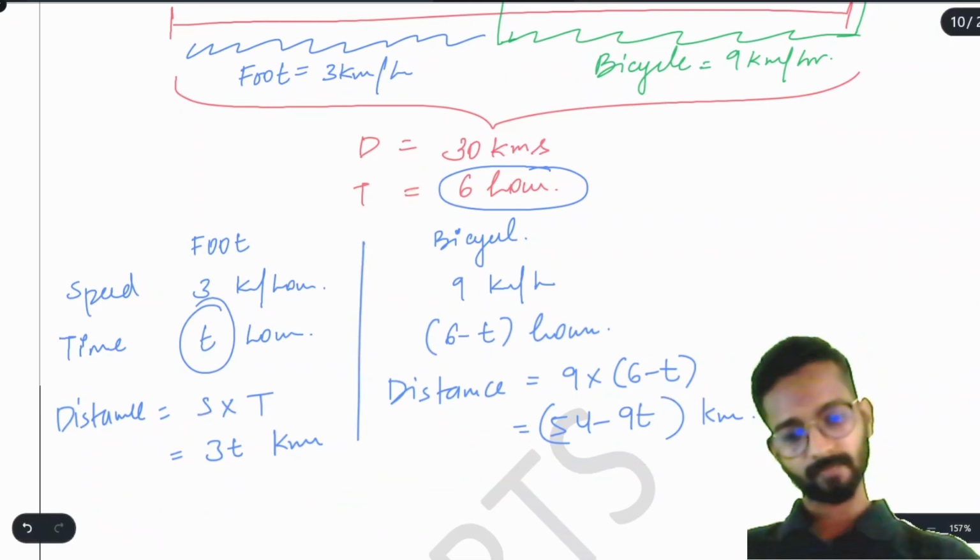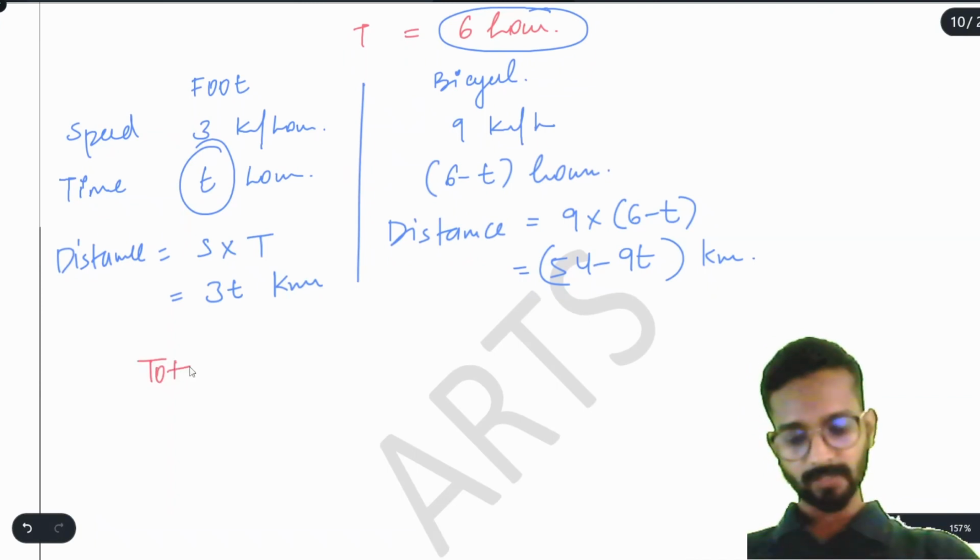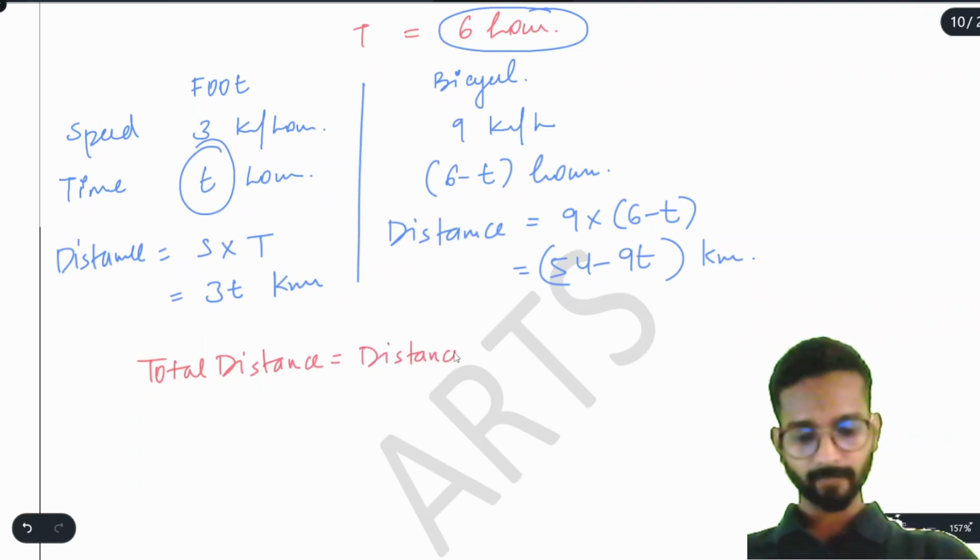Now see, total distance is distance by foot plus by bicycle. Total distance is 30 kilometers.